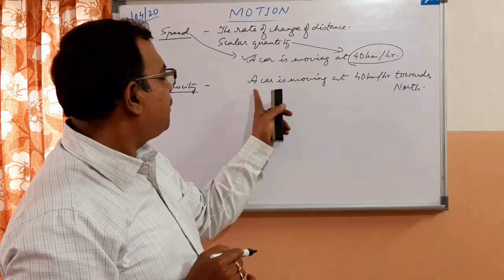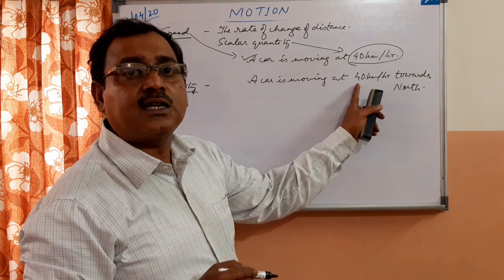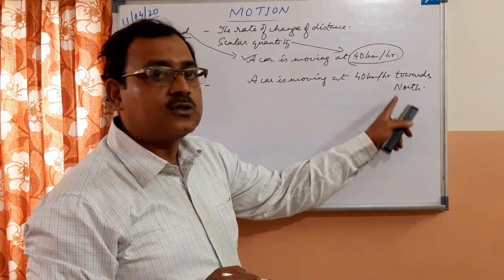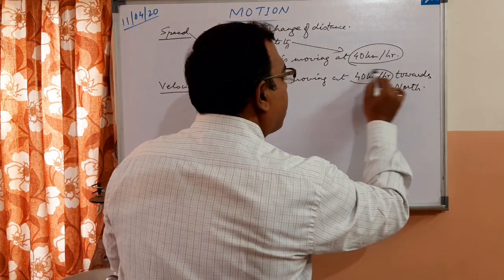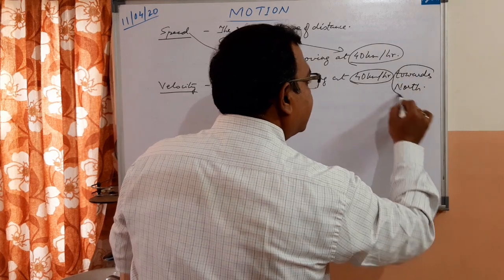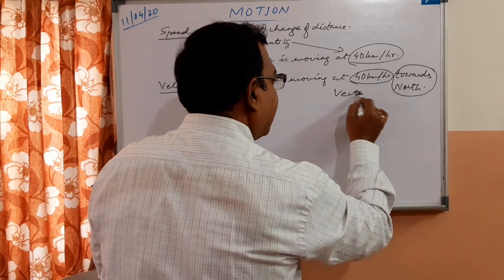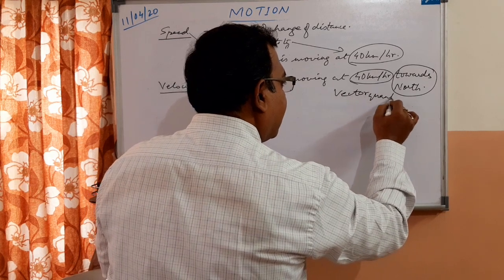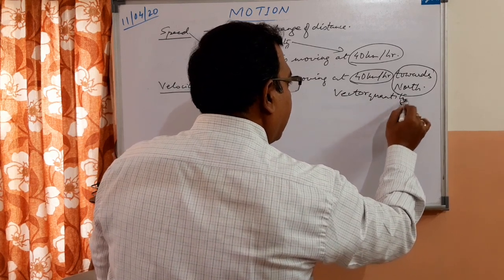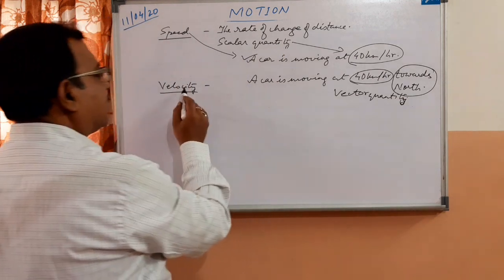Whereas second one I have written a car is moving at 40 km per hour towards north. So here both magnitude as well as direction is mentioned. Hence it is a vector quantity. And then this is called as velocity.